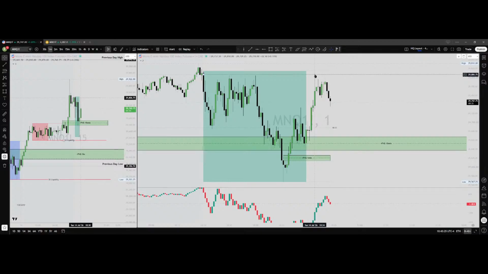Because of this wick it's a little bit odd, but watch this. If you take out this wick, then we got a liquidity sweep, V-shaped rejection, CVD is supporting, which means it looks pretty bearish.